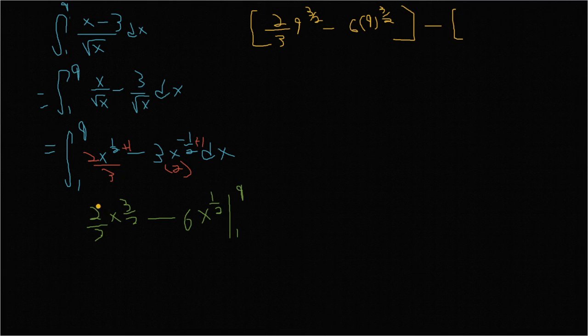So 2/3 times 1 is 2/3 minus 6 times 1, so 6.